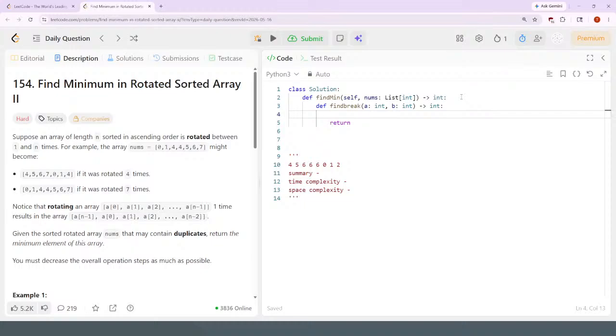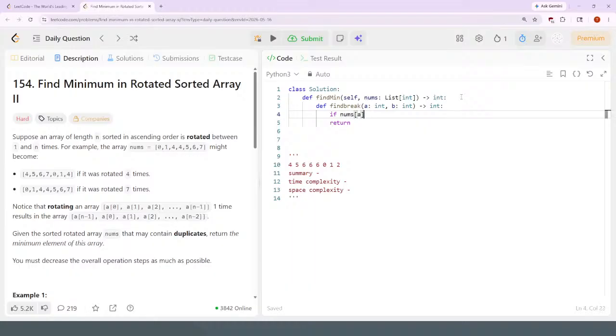I guess if the first value is less than or equal to the last value within the indices, it doesn't recurse.